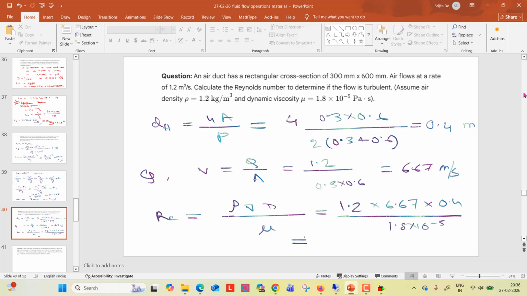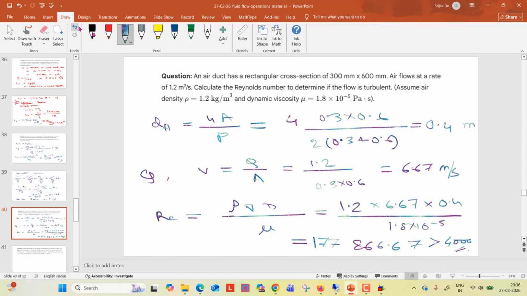It is coming as 177,866.67, which is way greater than the 4000 transitional value. So that flow is highly turbulent.